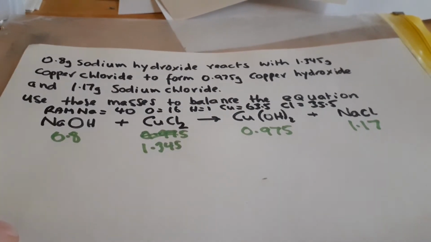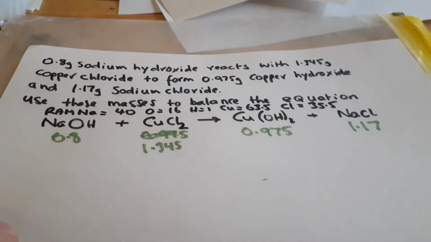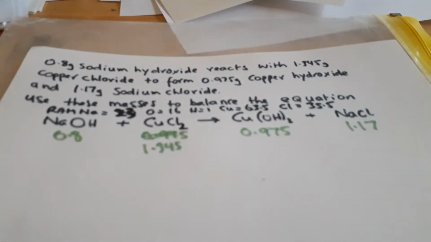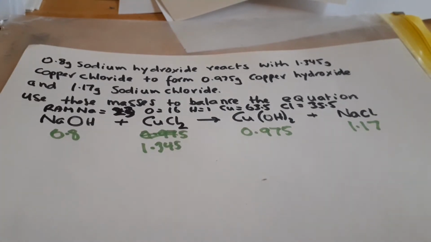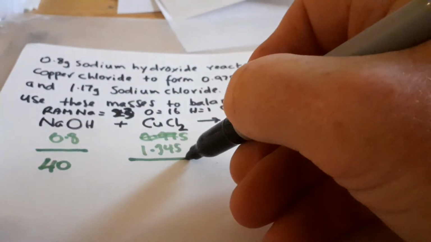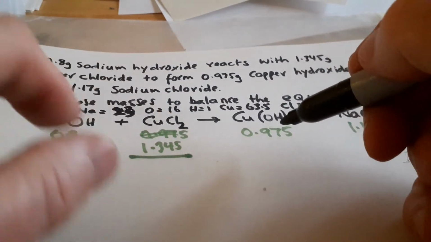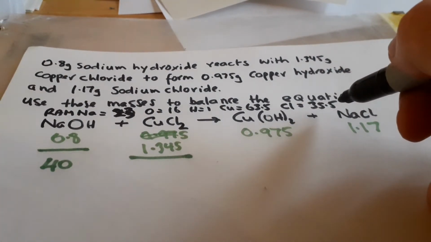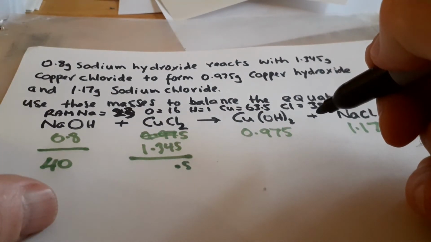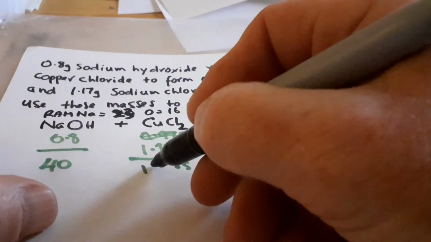So, sodium hydroxide, sodium is 23. Oxygen is 16 and hydrogen is 1. So 23 plus 16 plus 1 comes to 40. Copper chloride. We've got 2 chlorines, 2 35.5s come out at 71, plus 63.5, 71 plus 63.5 comes out as 134.5.